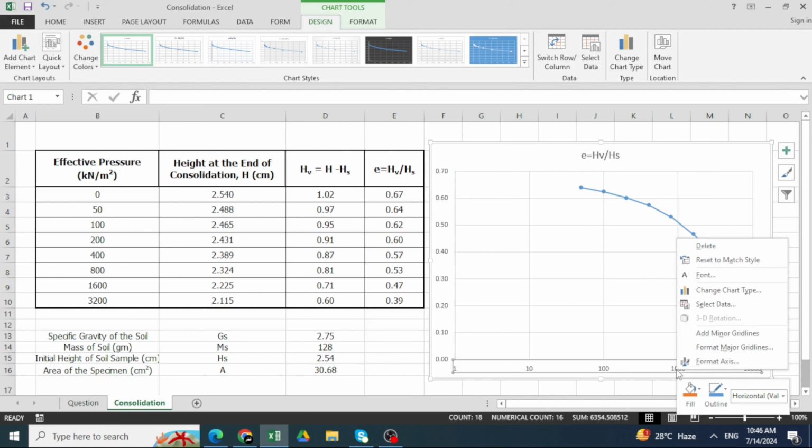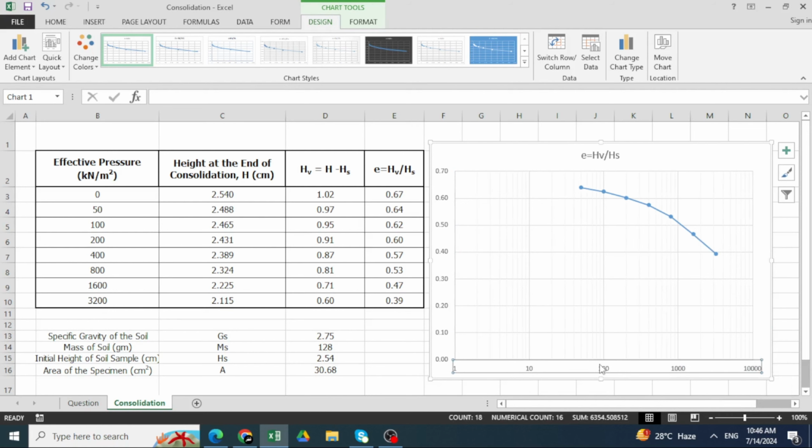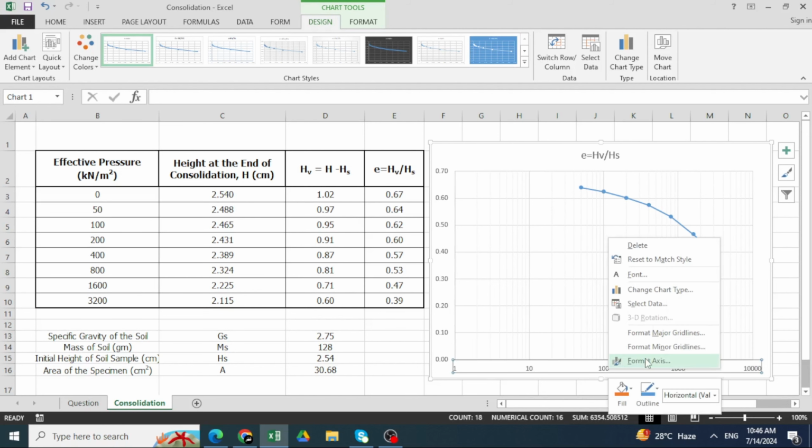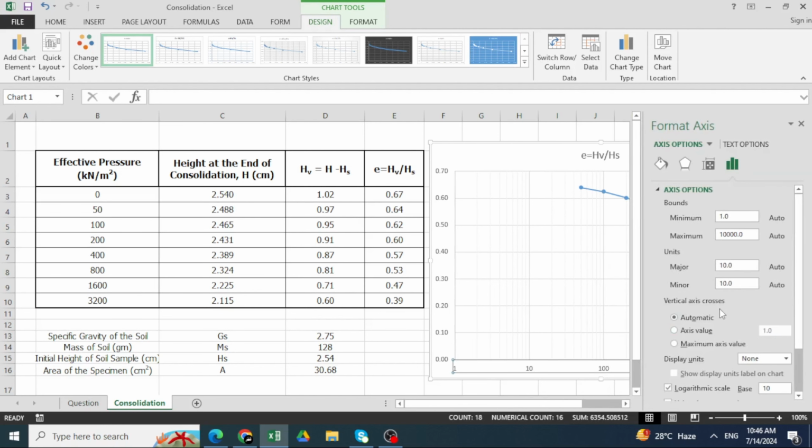So right click and format the axis, adding the minors. So that's how we can add the minor lines to the graph. Here the minimum value is 1, so I want to keep it as 10 because my value is starting from 50, therefore I'm keeping it as 10. Now you can see it starts from 10 to 100 and so on.